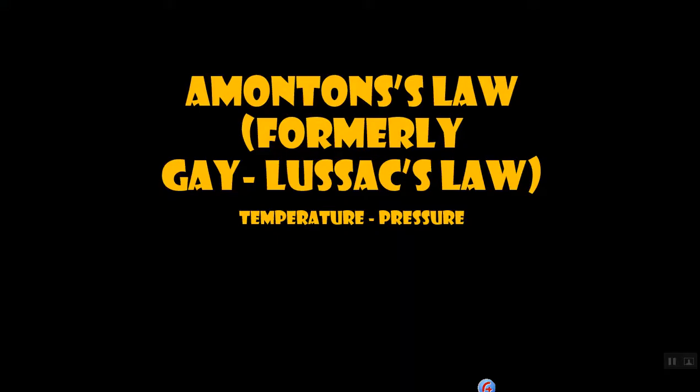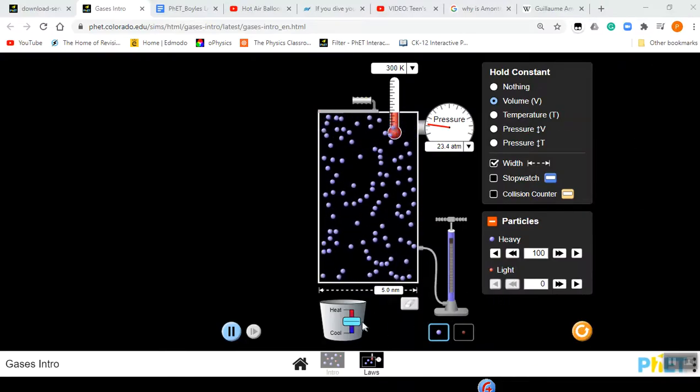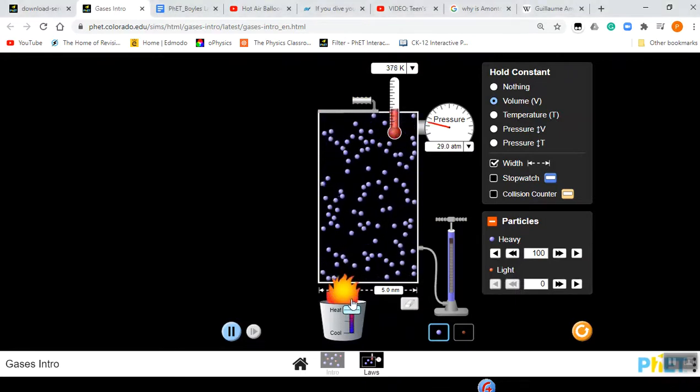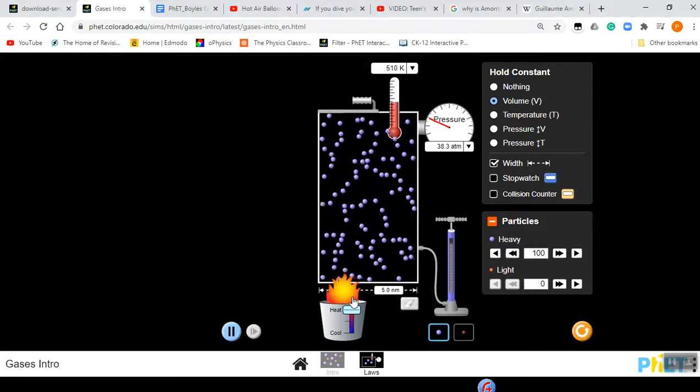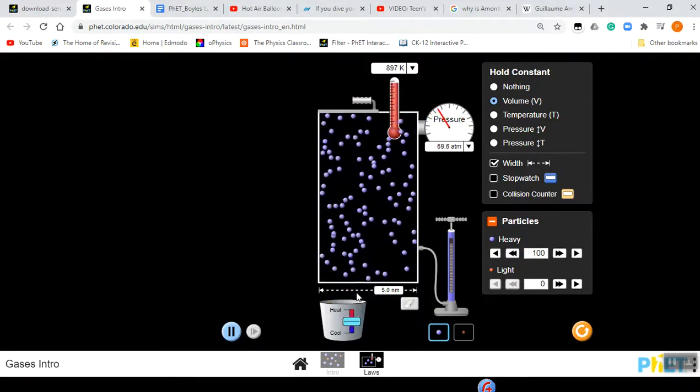Next we'll be looking at Amontons's law, formerly known as Gay-Lussac's law, which is the relationship between temperature and pressure. So in this law, we are going to keep the volume the same. As I heat it up, the particles move faster, colliding against the sides more often, which increases the pressure.